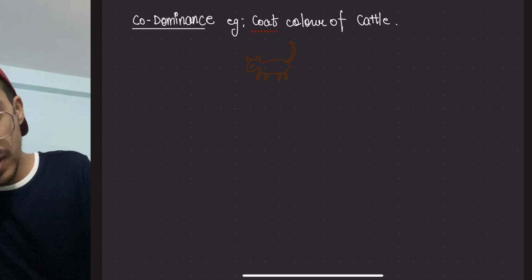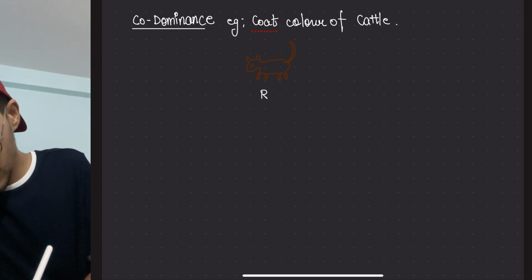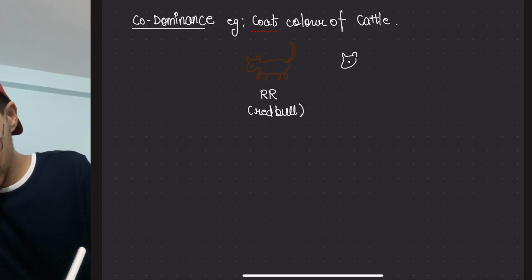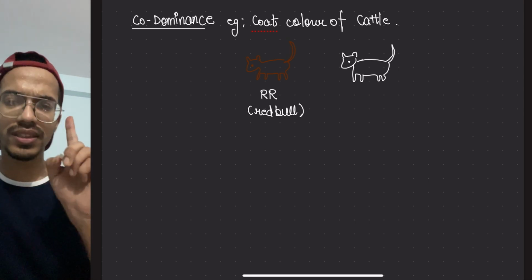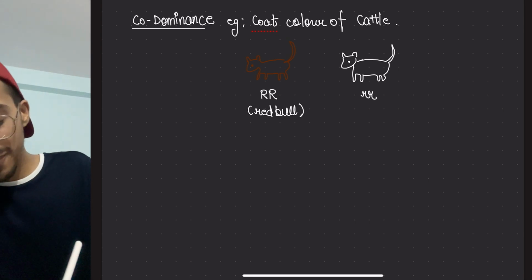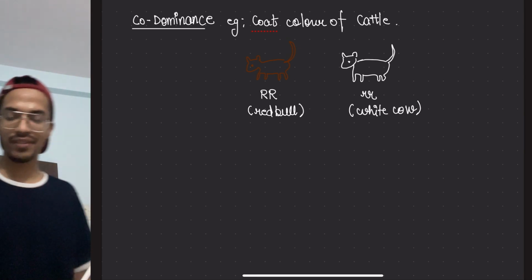This is capital R, that is the Red Bull, one parent. And another is R, female. It looks like a dog, but these are cattle. Don't make fun of my drawings. That capital R, this is the white cow. We are giving it names.